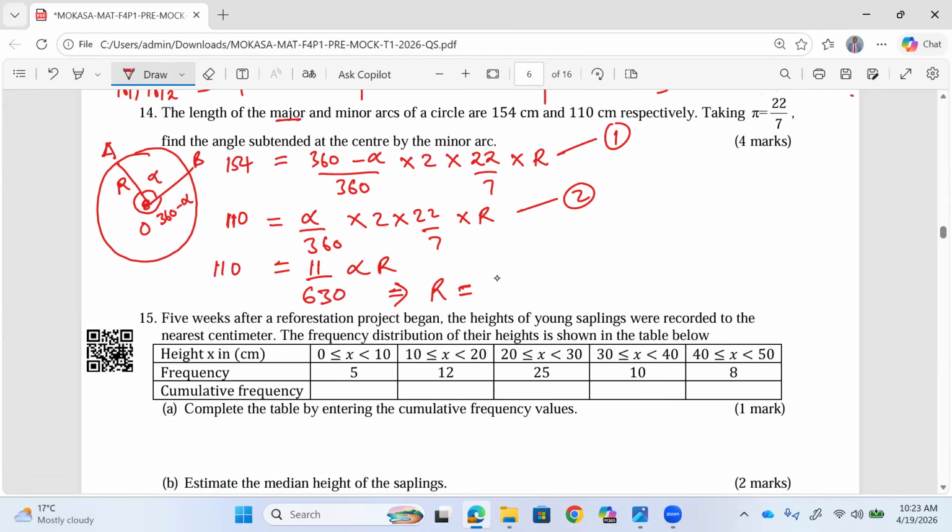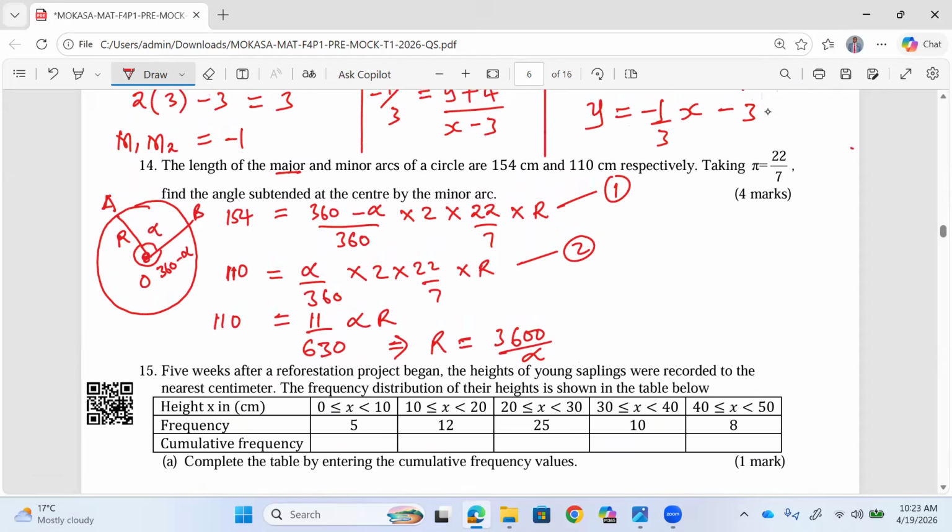So this becomes 3600 over alpha. Yeah, to remain with r alone that way. So now that from equation 2 we are having r, this r can be substituted in equation 1. So equation 1 can now be re-expressed.